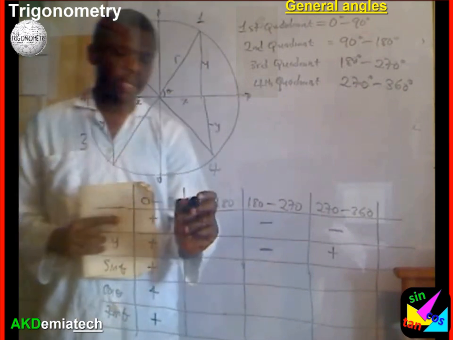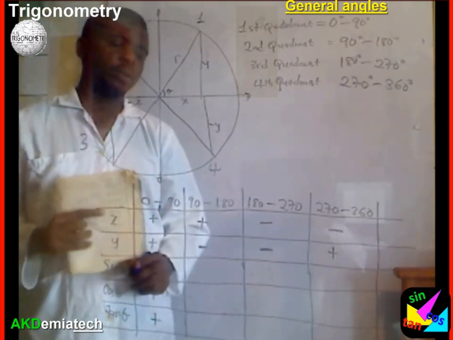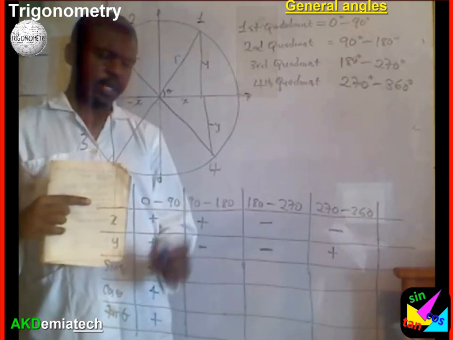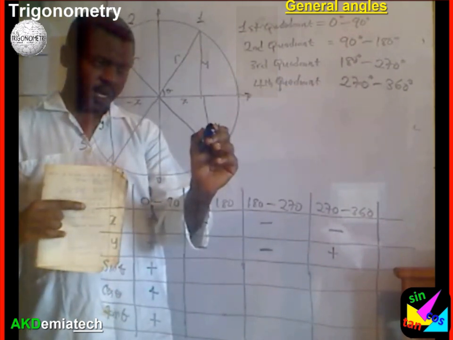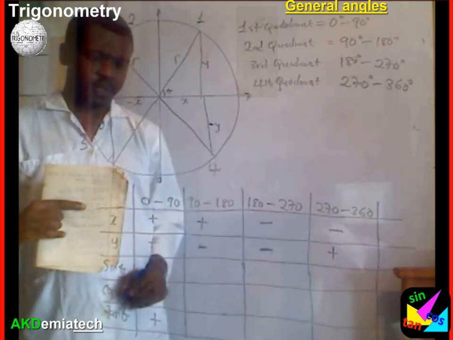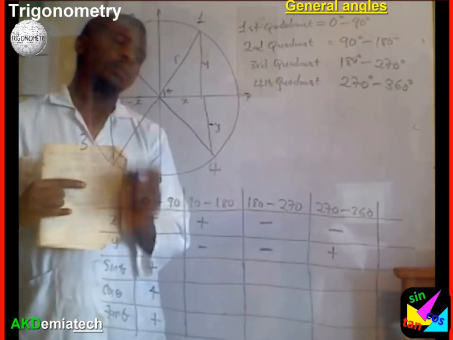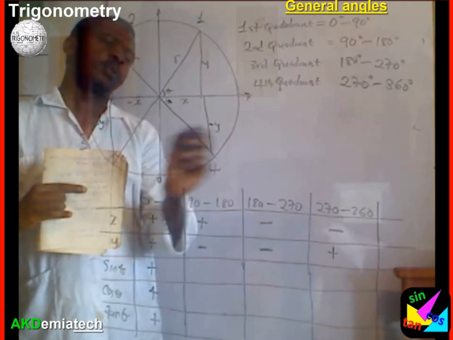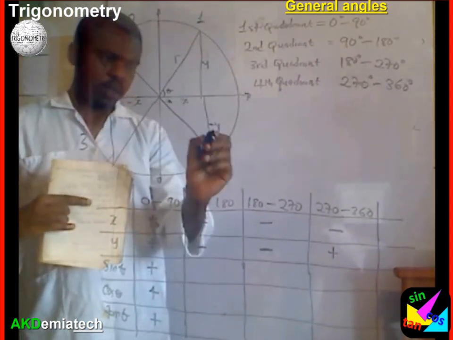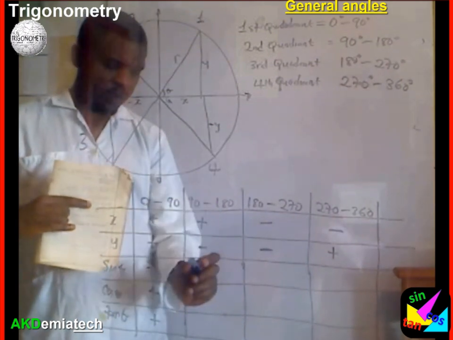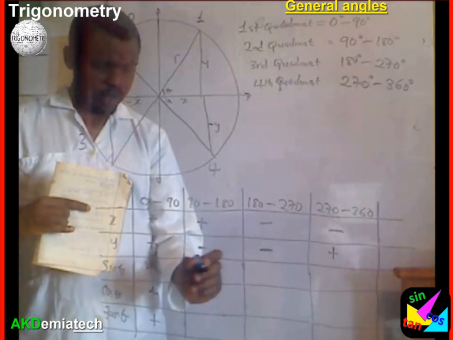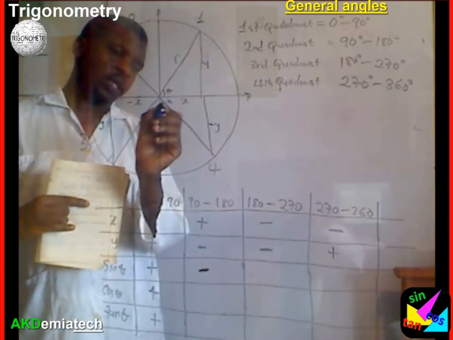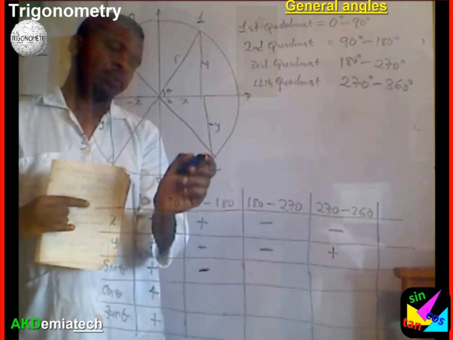Let's look now at the fourth quadrant. What do I see here? I see that my y value is negative. So what is sine theta? Theta there, opposite over hypotenuse. There y is already negative, so this gives me negative. Cosine is adjacent all over hypotenuse.